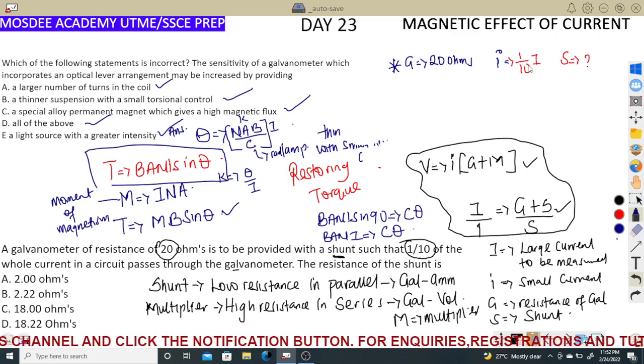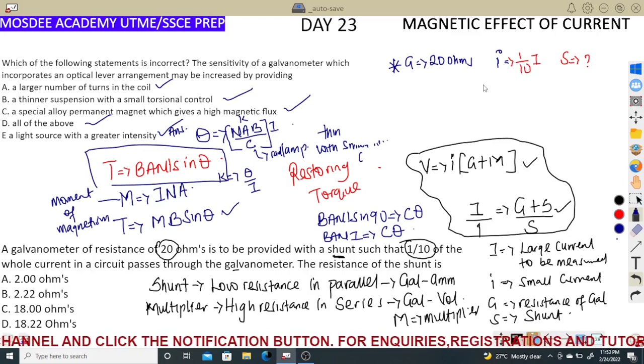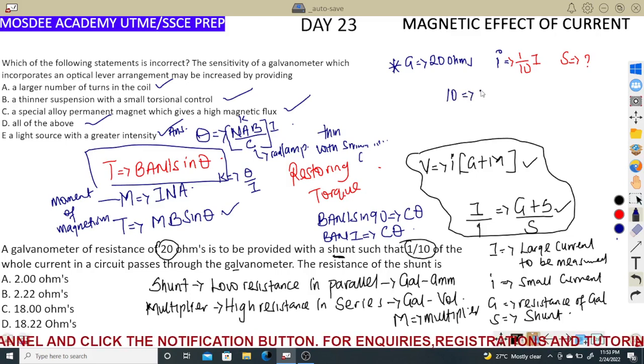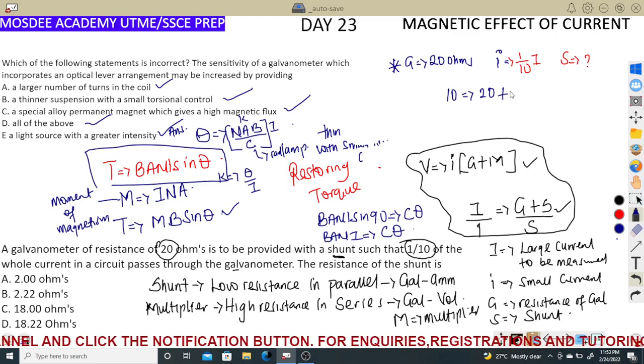So I over i equals G plus S over S. Let's do that. Capital I over small i will give you 10. So 10 equals 20 plus S over S. Somebody is asking how I came about that.